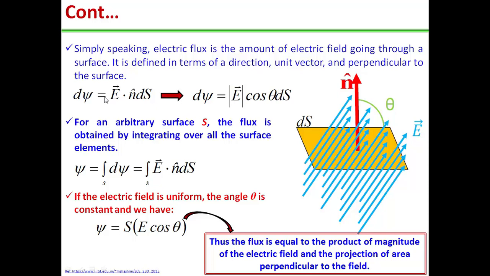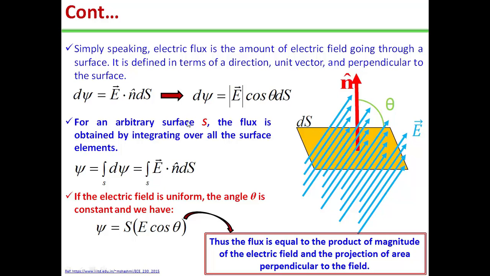Differential flux is defined as E dot n cap ds, where n cap is the unit vector normal to the surface. And in this figure you can see the electric field lines making an angle theta with the surface ds. So we can write the differential flux d psi is equal to the magnitude of electric field times cos theta ds. E cos theta is basically the number of electric field lines crossing the surface ds.